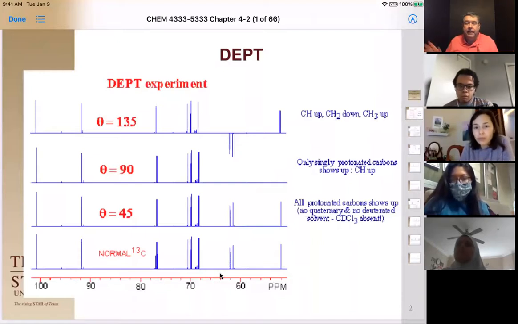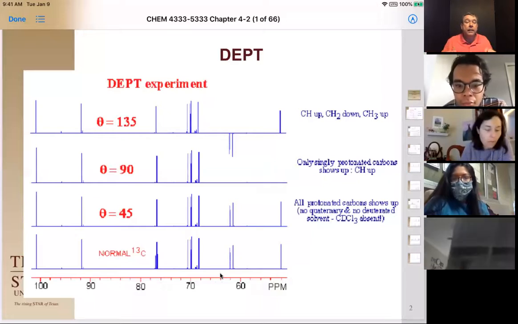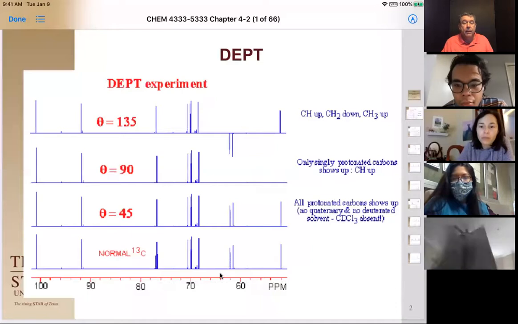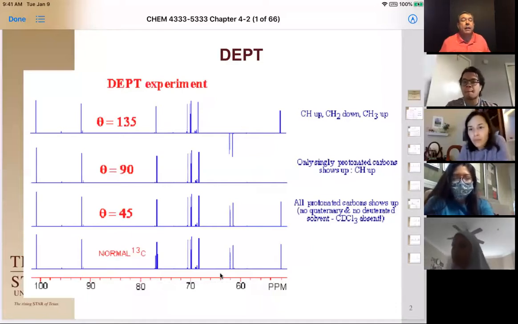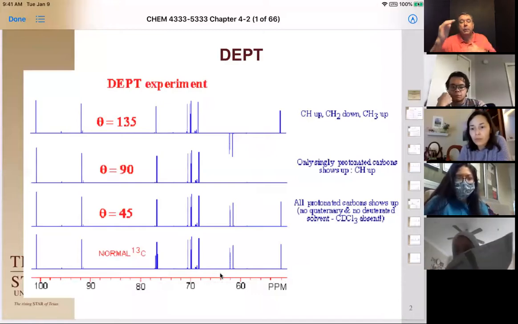At 90 degrees, it's only CH's up, which means you can differentiate between CH and CH3s. And at 45, it's only things that are protonated, so you can eliminate things that aren't protonated. Each gives us a little bit of a clue on what's happening when.